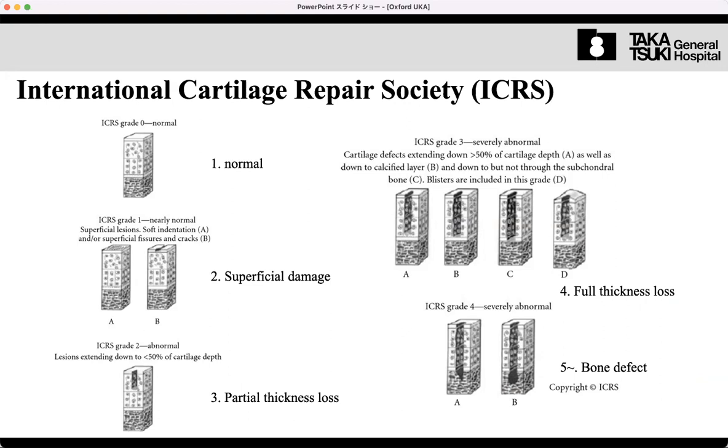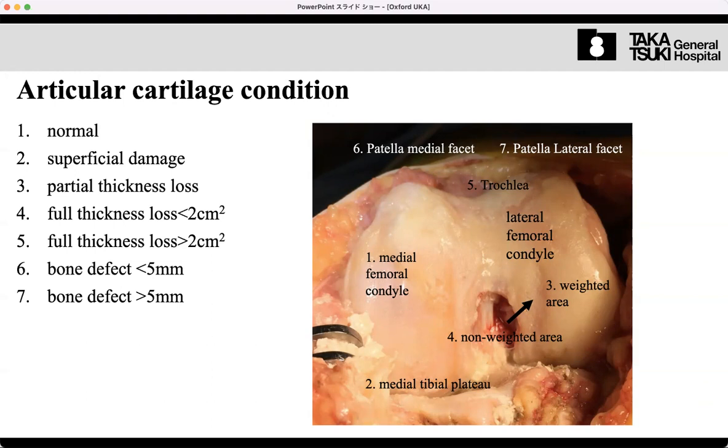It's very macroscopic. So yesterday in the lecture, the speaker alerted that on the lateral side, cartilage wear is very posterior, unlike the medial side. The medial side is the extended facet.